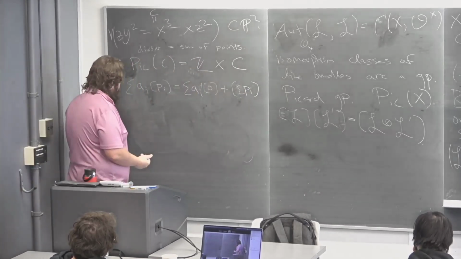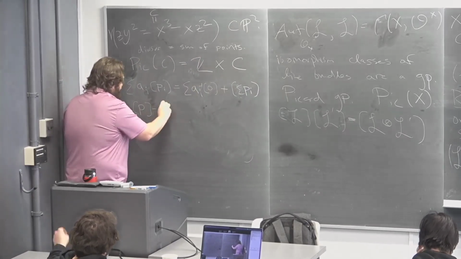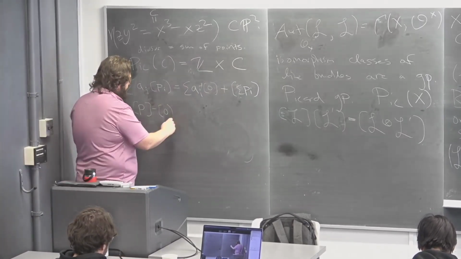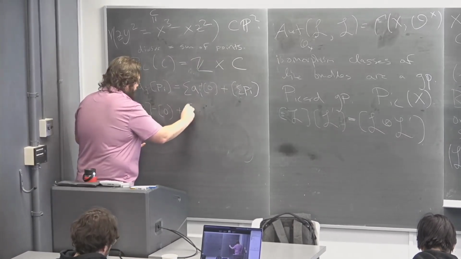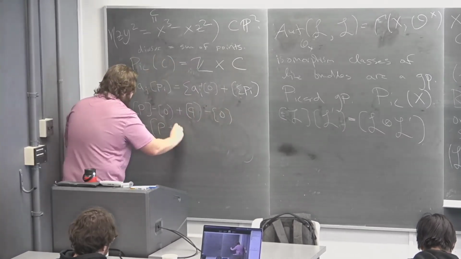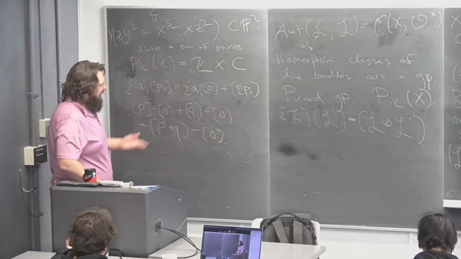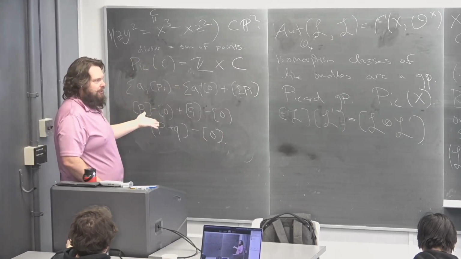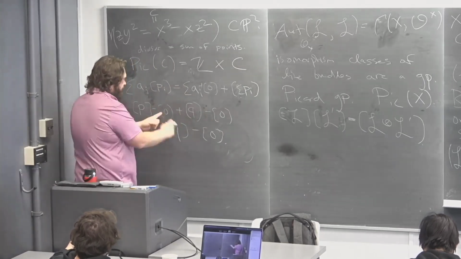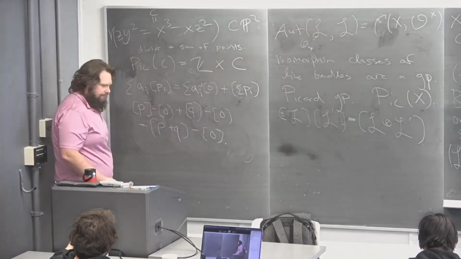So in particular, the way people will often write this is if I look at P minus O, the base point, and I add two of these, then this becomes the elliptic curve addition of P and Q minus O. And this is really the right way to define the elliptic curve addition: when I take these two classes and add them together, I get something else of degree 0, and by identifying the curve with this guy.